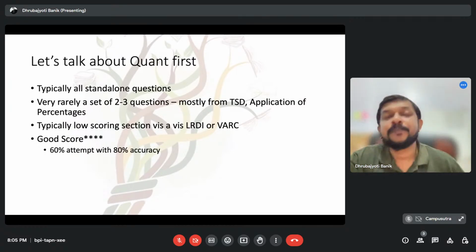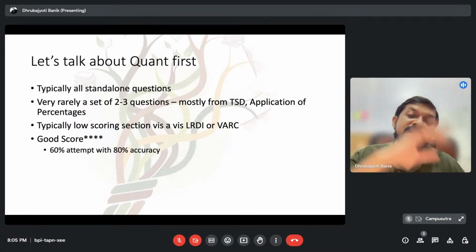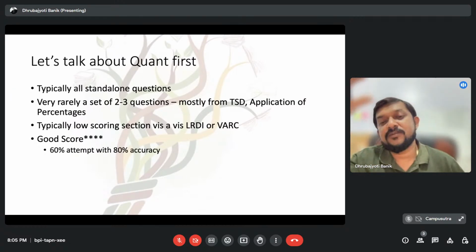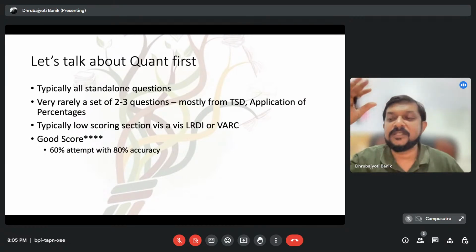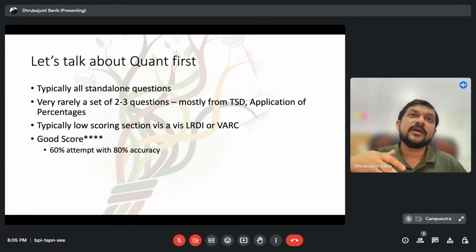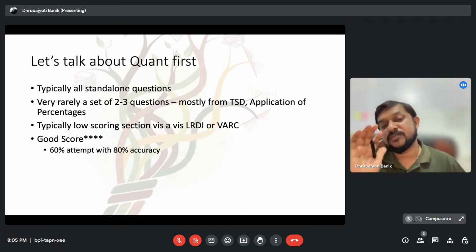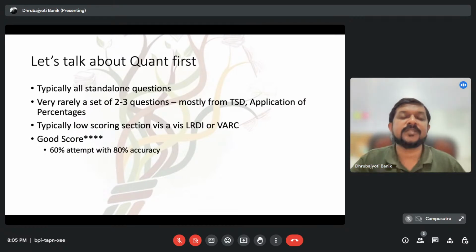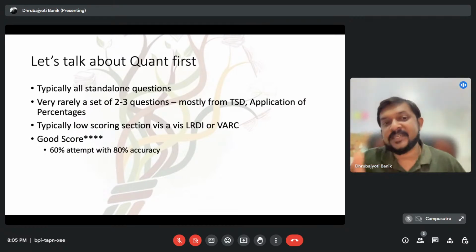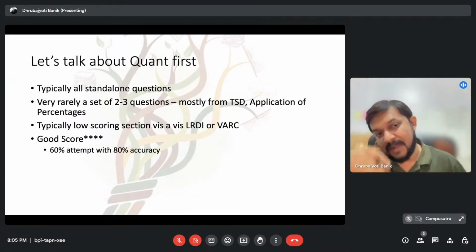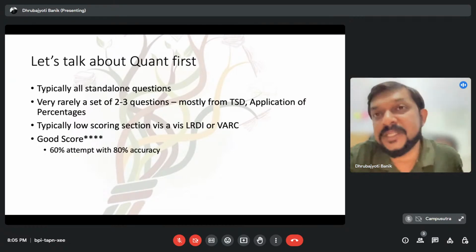In VRC, there is RC, a passage followed by some 3-4 questions. Then there is critical reasoning, again a small passage followed by 3-4 questions. Even sentence correction questions also come in a set of 2-3 questions.